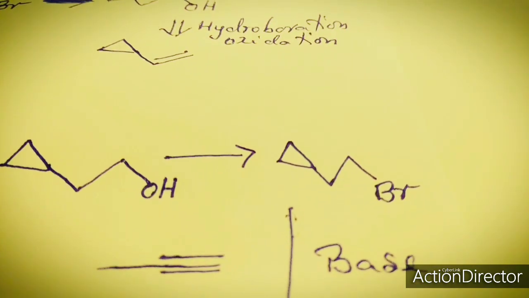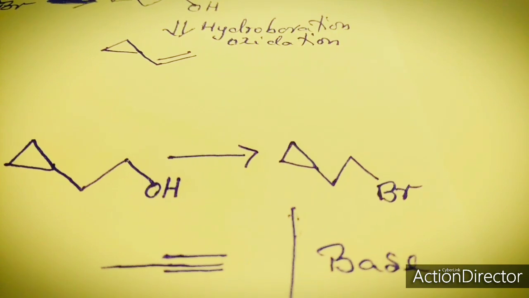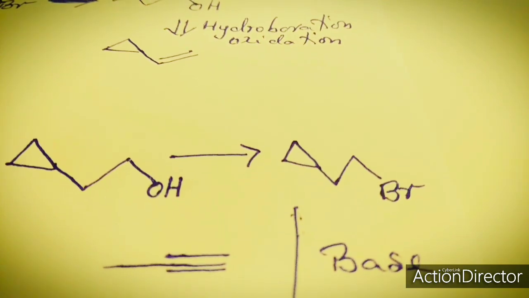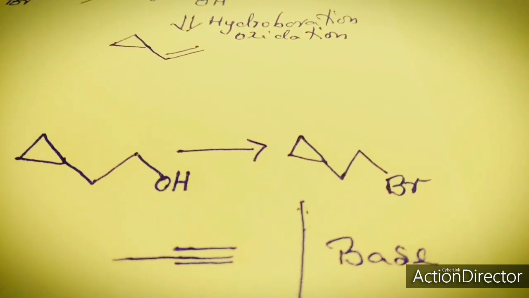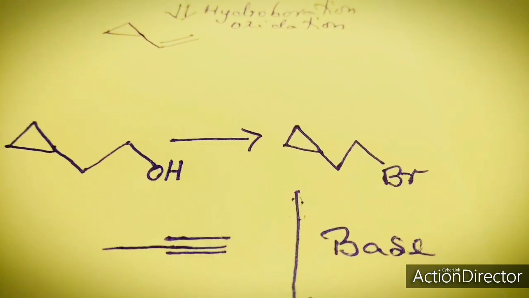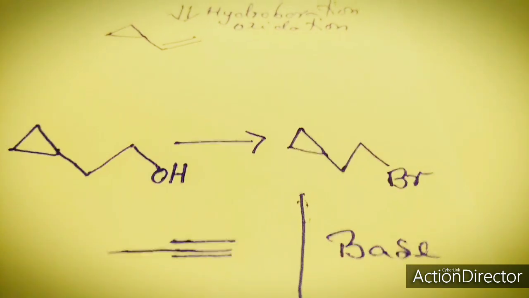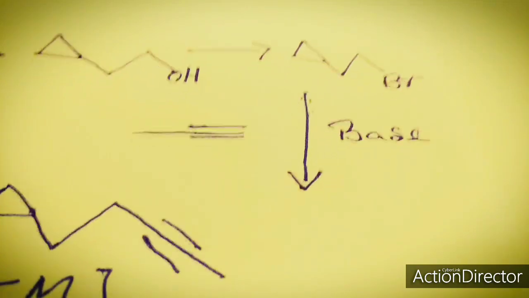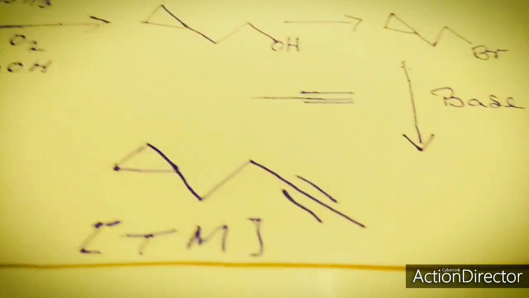And this then, in the presence of a base, combines with this acetylene. How? In a nucleophilic substitution reaction, HBr leaves, and in place of that, we get this acetylene which is attached to it.